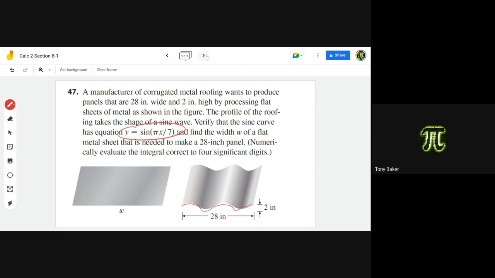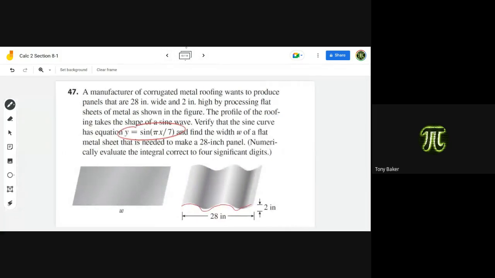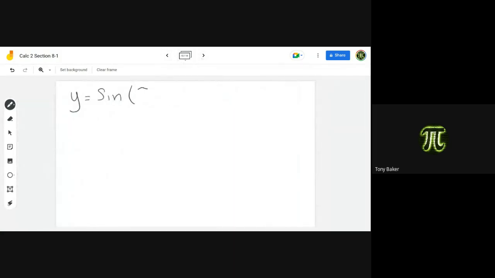And actually, a lot of these types of problems, a lot of the application problems, you just literally can't do because the equations are just too complicated for it. So we got the, was it pi over 7x?